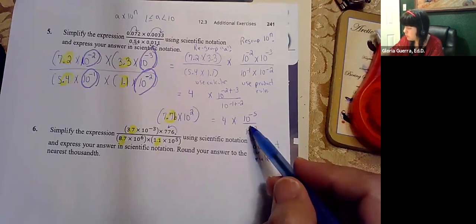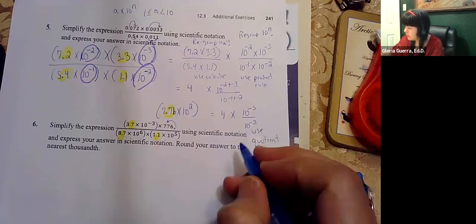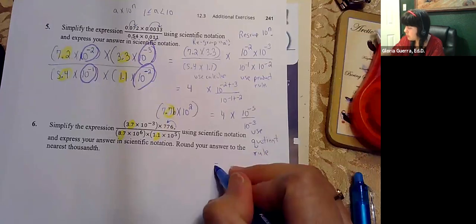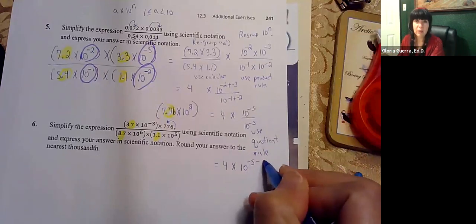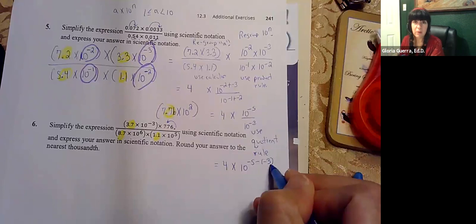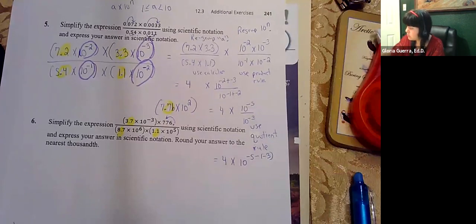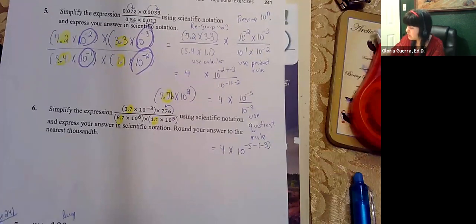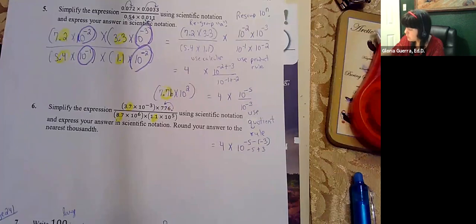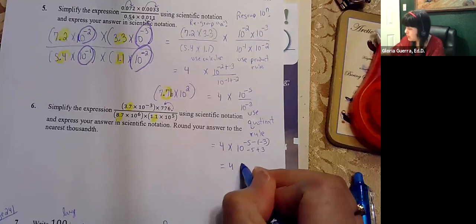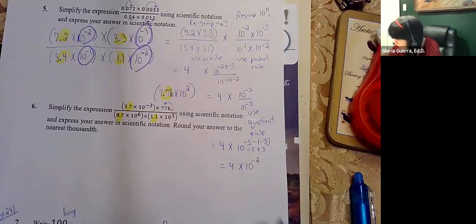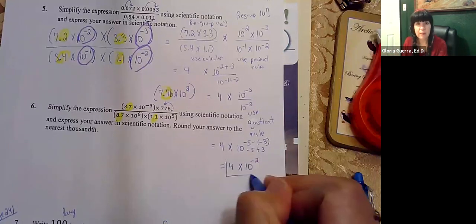So I have 4 times 10, and I have -5, take away -3, because it's top minus bottom. And in math, two negatives like that side by side end up making a positive. So that's really -5 plus 3. So that's 4 times 10 to the -2. And that would be it. That would be your answer for that.